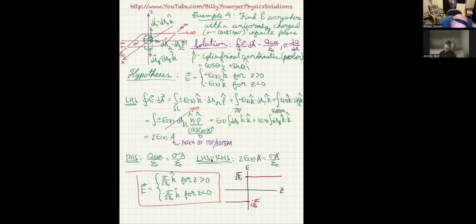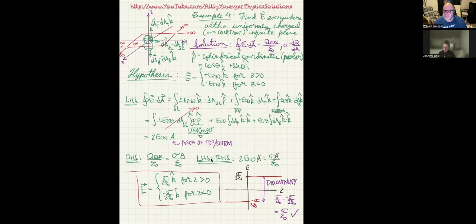And what we can see is the discontinuity: sigma over 2 epsilon naught minus negative sigma over 2 epsilon naught equals sigma over epsilon naught, and that's a check.